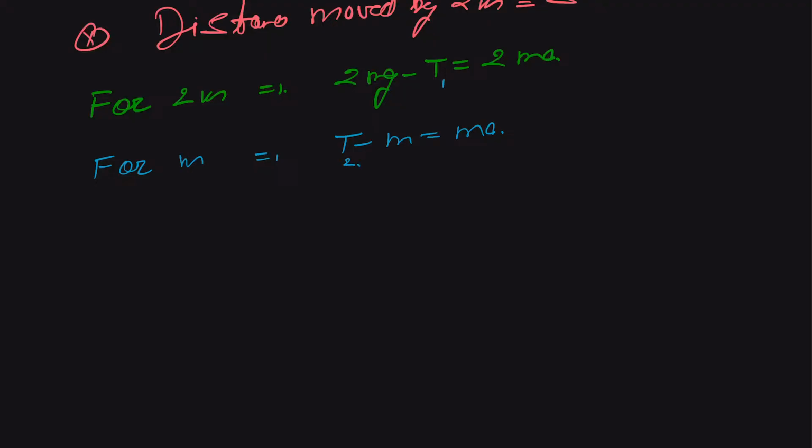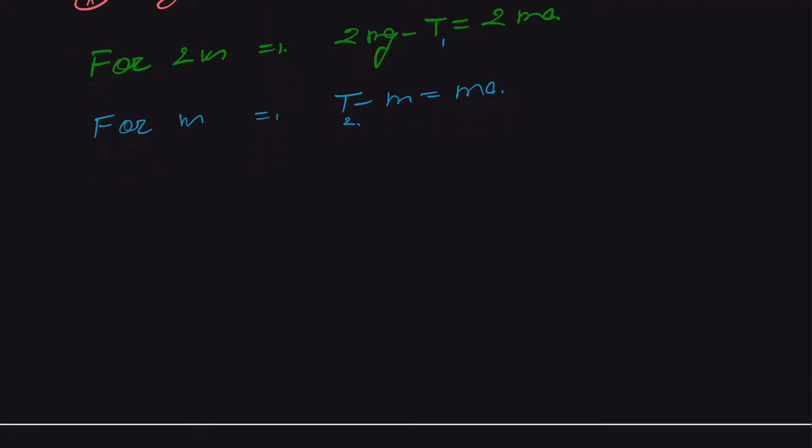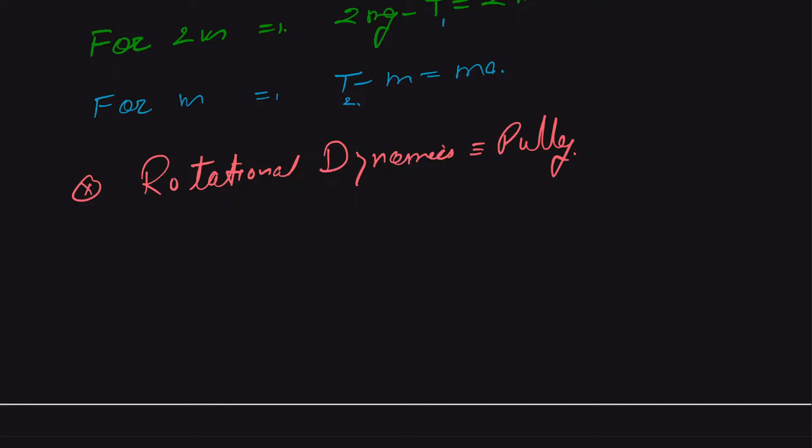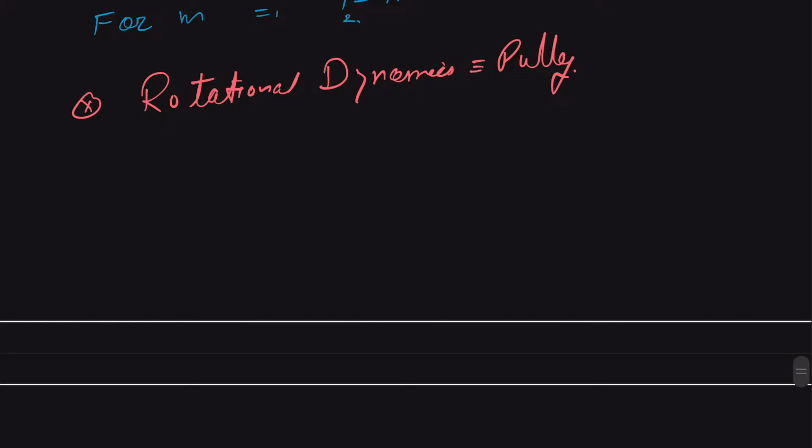There are two different tensions, so we can use rotational dynamics with respect to the pulley. T1 minus T2, the net force, multiplied by the radius will be the moment of inertia times the angular acceleration alpha.